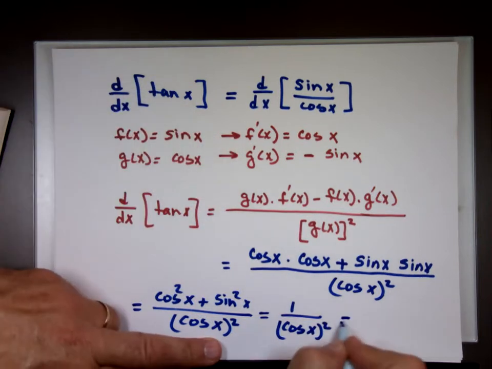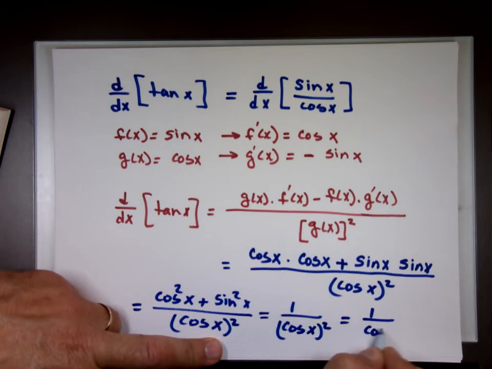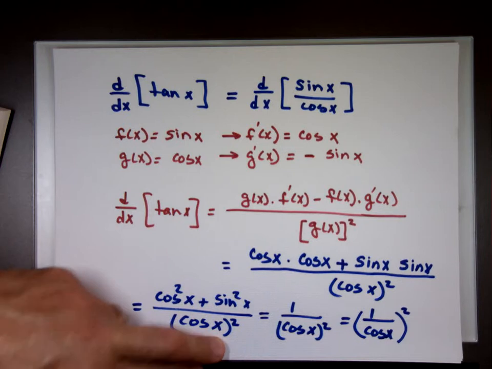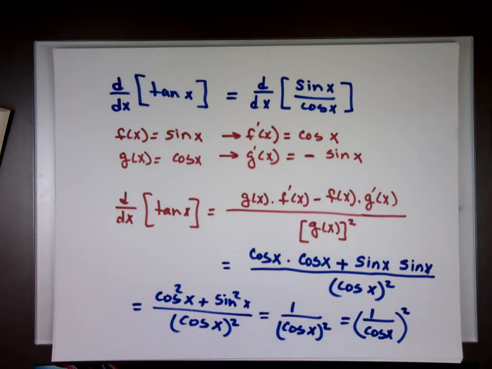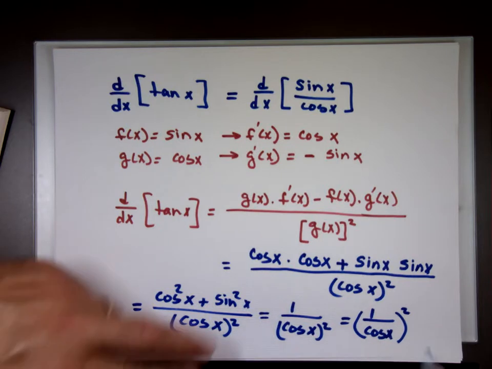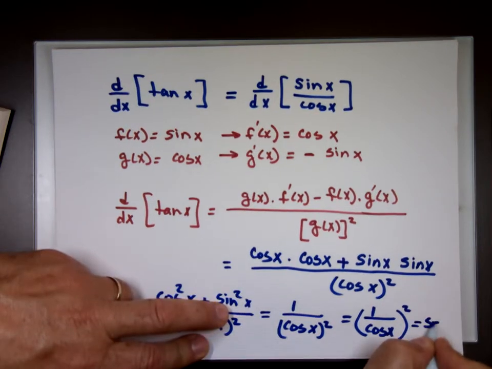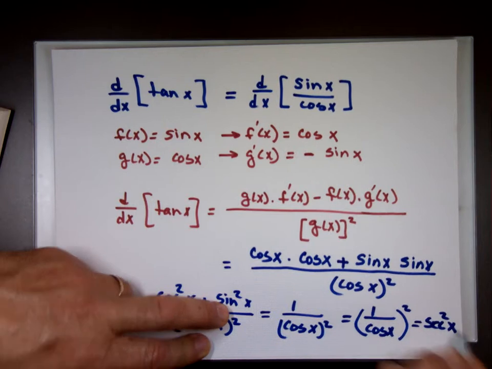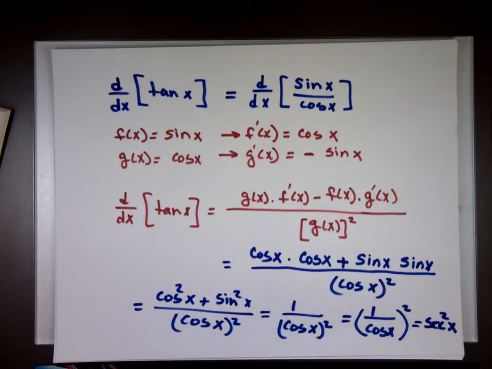Which really means 1 over cosine of x, the whole thing squared. What is 1 divided by cosine? Isn't that secant? That's secant squared x. That's where it came from.